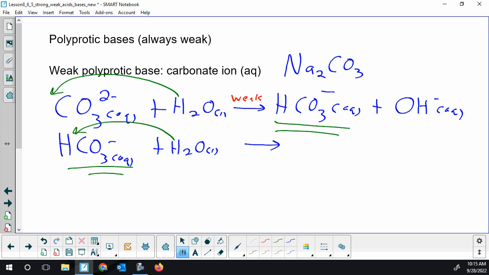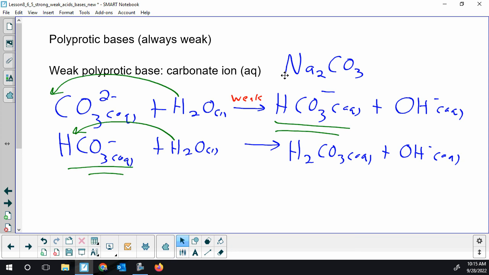So that's our guide. So we're adding a second H. So we go to H2CO3. The second addition to the base is going to be weak, and it's going to be even weaker.